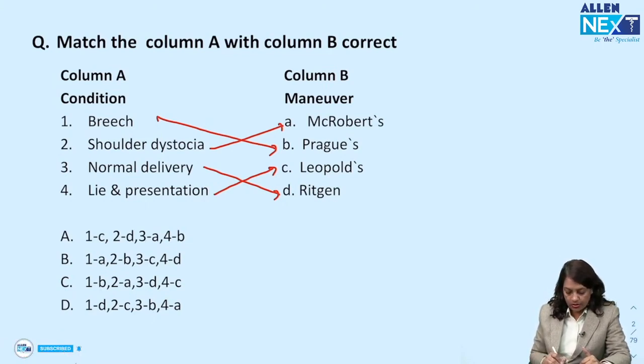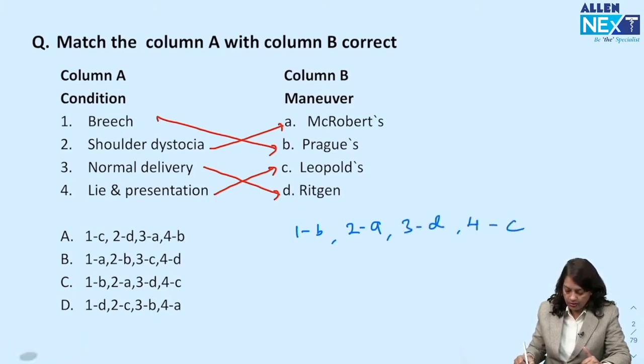1 to C, 2 to D, 3 to A, 4 to B. So what my answer is, 1 is for B, 2 is for A, 3 is for D, and 4 is for C. So let us check which option is matching here.